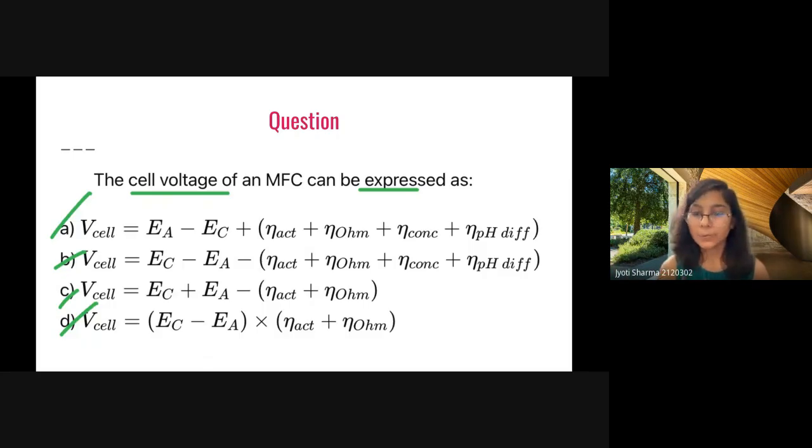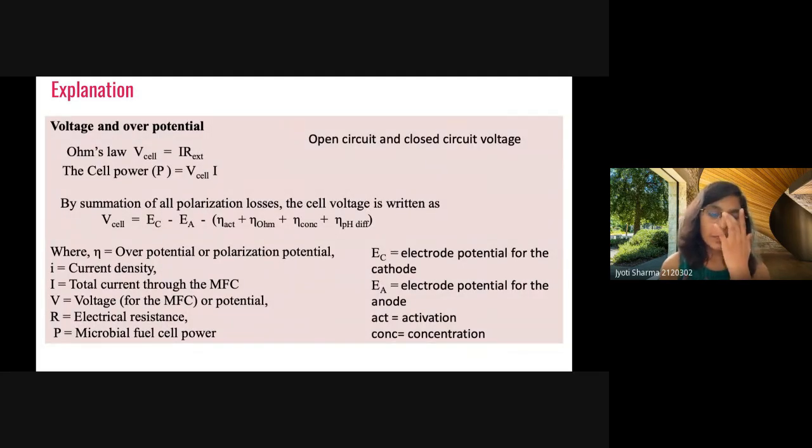Okay, Dia and Venkatesha both gave me a B answer. Yes, the answer is B, and let me tell you how. Because right now we have already learned V is equal to IR, and here because we have some polarization losses, we also have to account for that. And that's how we are subtracting it, right? So first you have to see EC and EA.